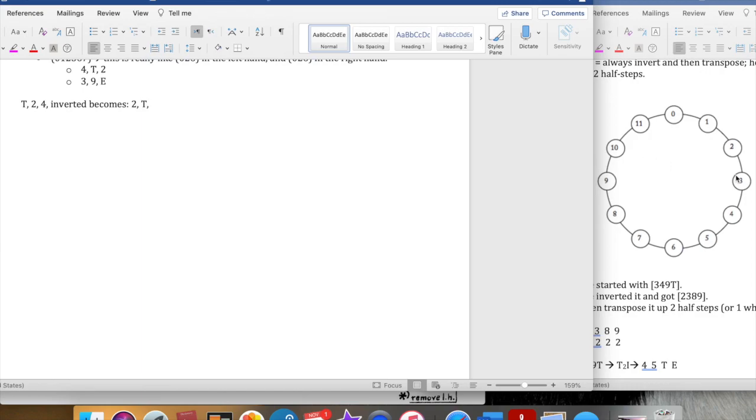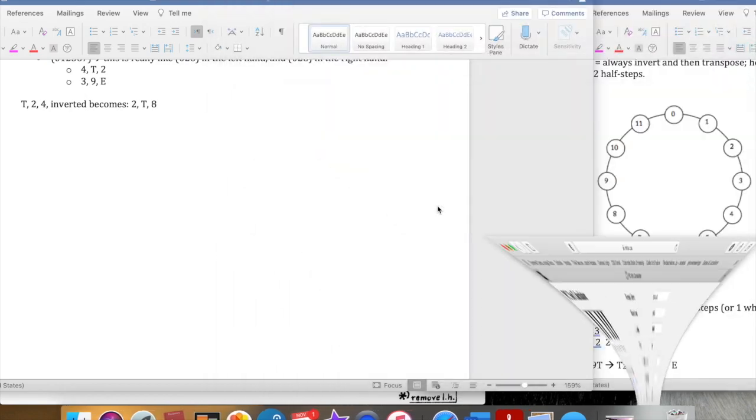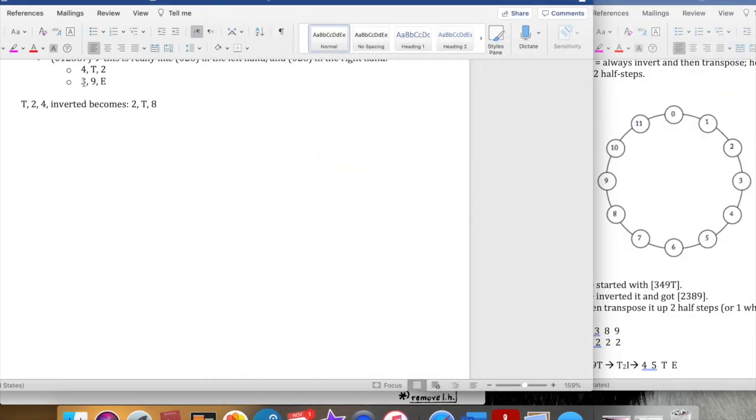And then 4 is going to become 8, right? So inverted, if we just invert it without transposing it at all, it becomes 8, 10, 2. But we want to get it to being 9, 3, and 11 because that's what we have here in the score.